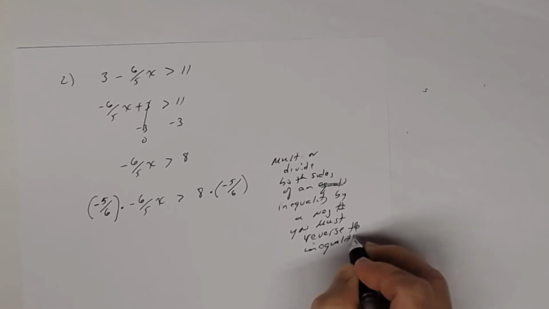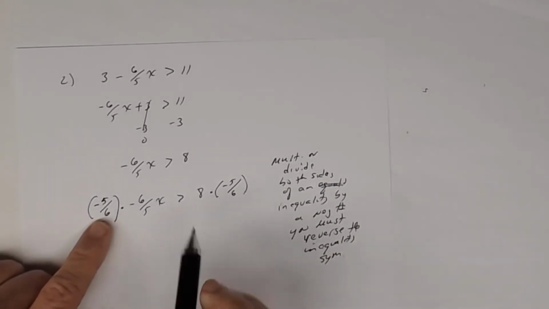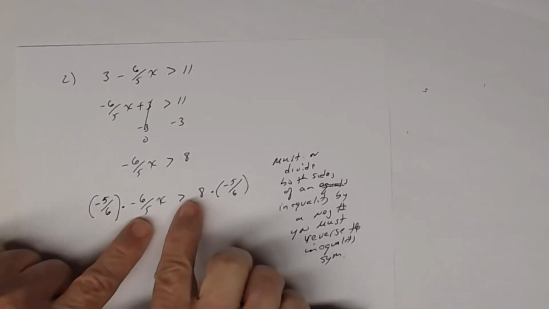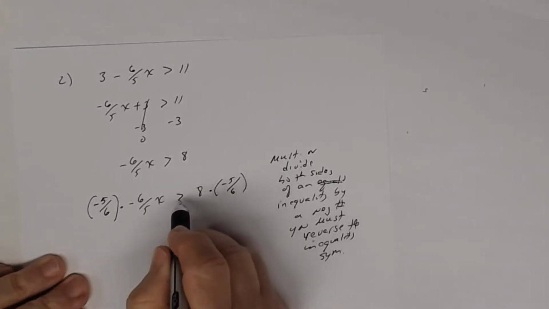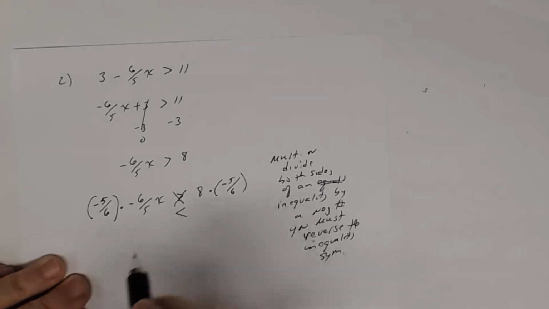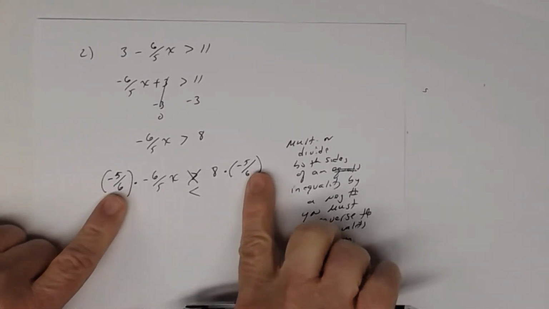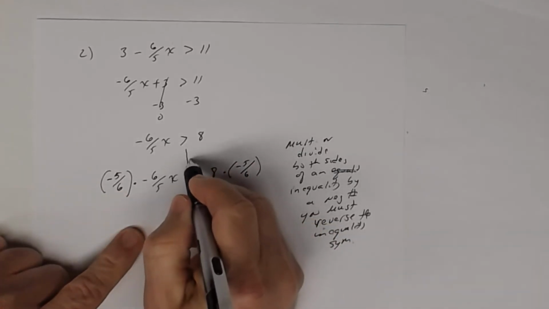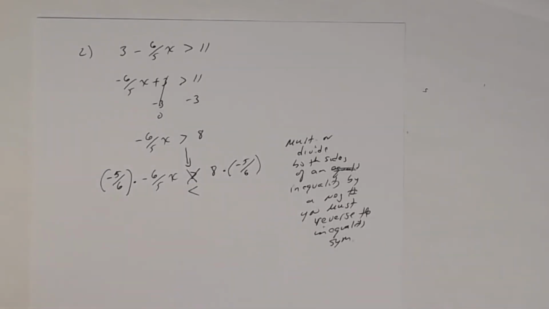You must reverse the inequality symbol. All right, so you notice that I multiply both sides by this negative number, right? And so this right here, this greater than, should become less than. So whenever you multiply both sides of an inequality by a negative number, you must reverse that inequality symbol. So greater than becomes less than. And that's very important to remember.